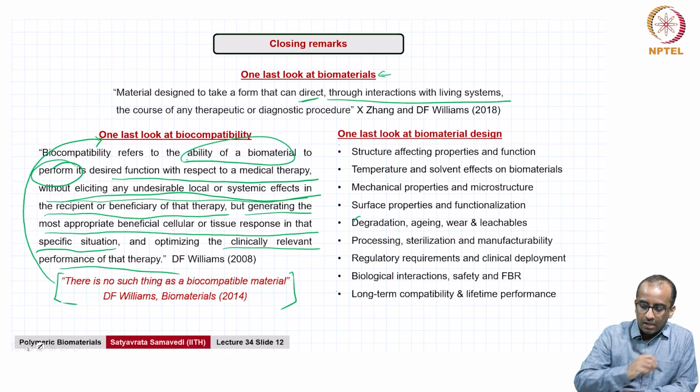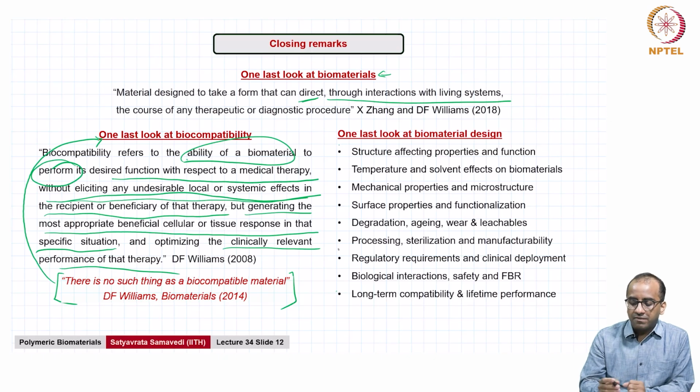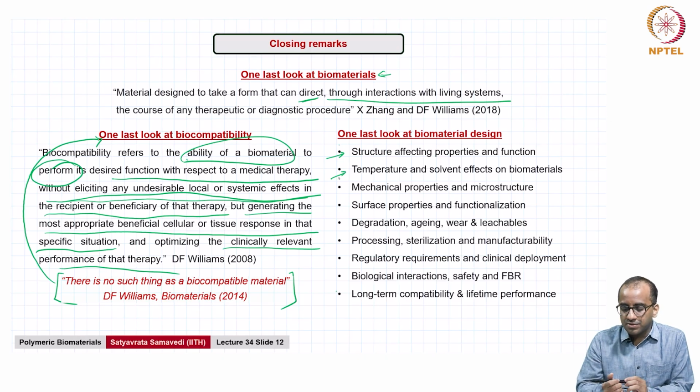And in closing, we will take one last look at biomaterial design, which now consolidates all the aspects that we have seen throughout this course, from structure and properties affecting function and performance, to solvent and temperature effects within the host, which affect biomaterial performance. They are also important in processing of polymeric biomaterials.